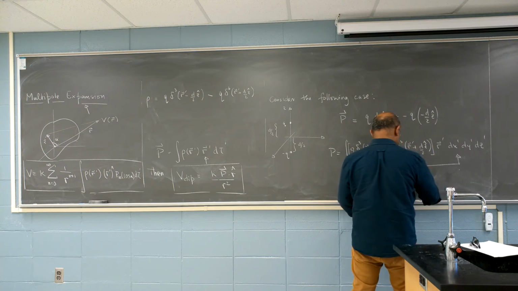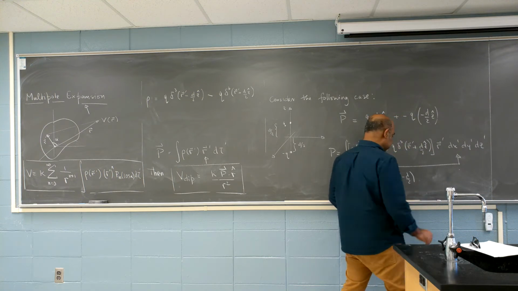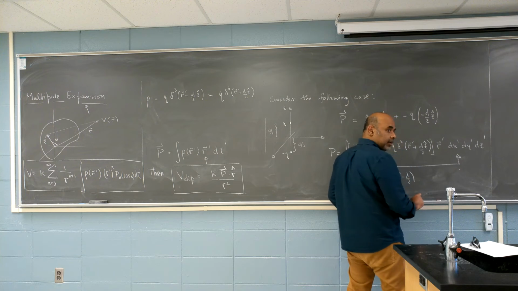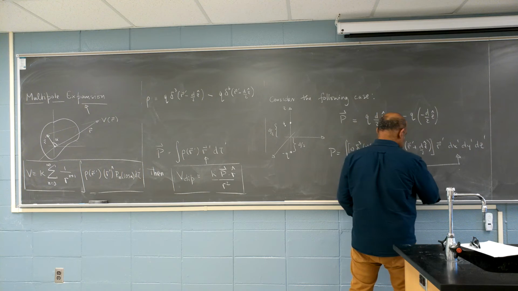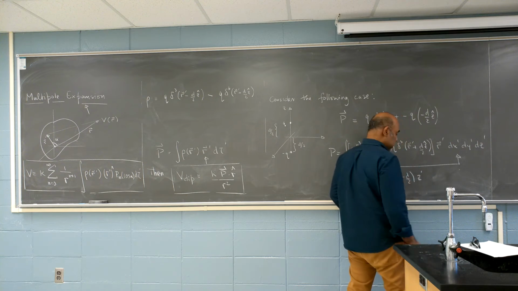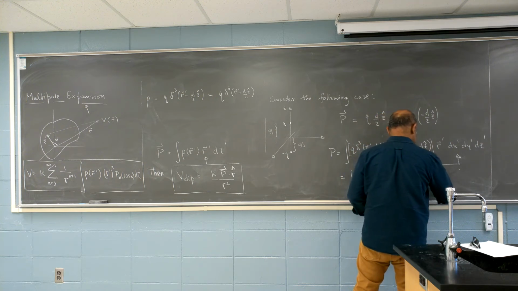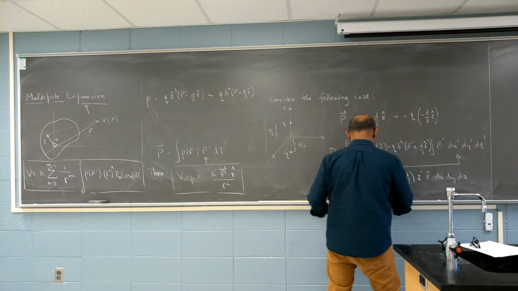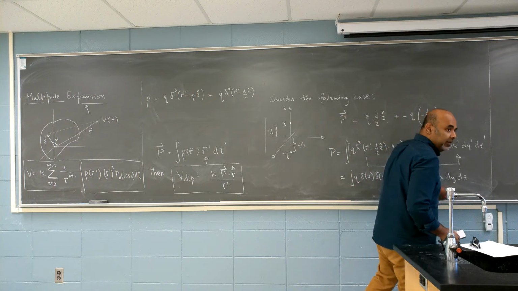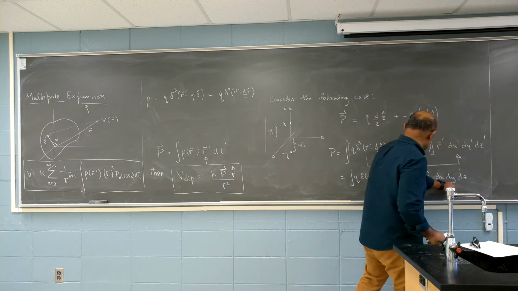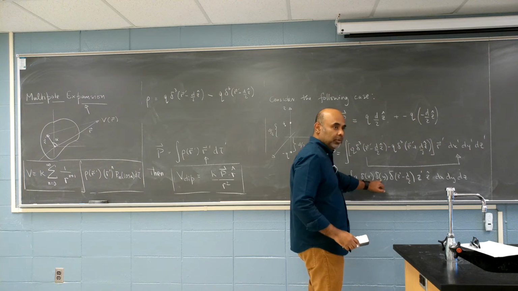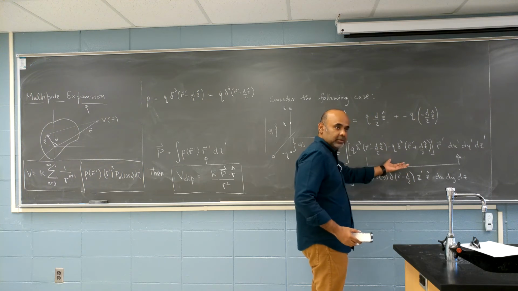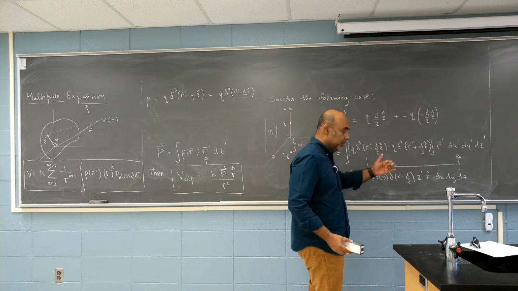Then I have the location, which is what? z prime z hat, dx, dy, dz. The dx and dy integrals give you 1. You put x equals 0, there's no x. y equals 0, there's no y.